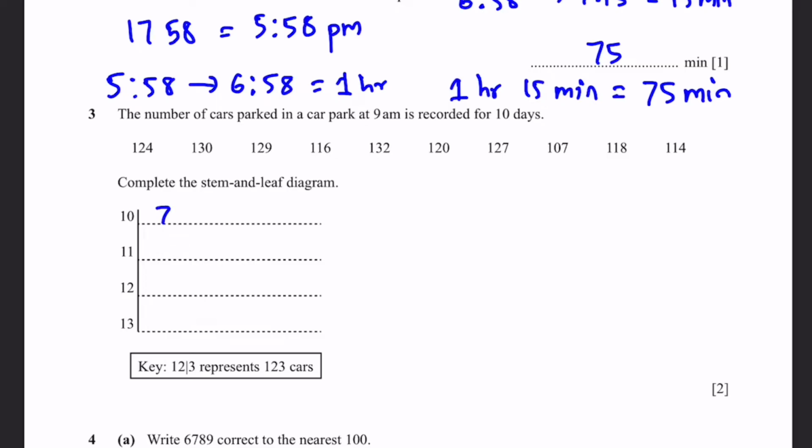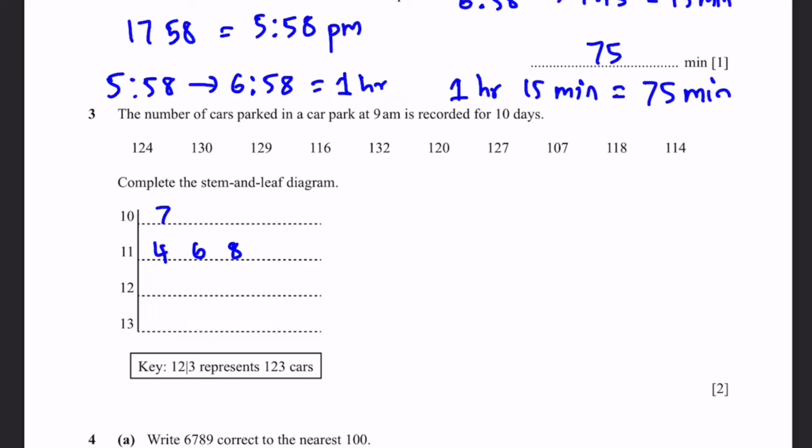And now, same thing for 1, 1s. Over here, there are 3 numbers. And we start with the smallest, so 114, then 116, then 118. So 4, 6, 8. Next we have the 120s. So there's 4 numbers, 120, 127, 124, 129.